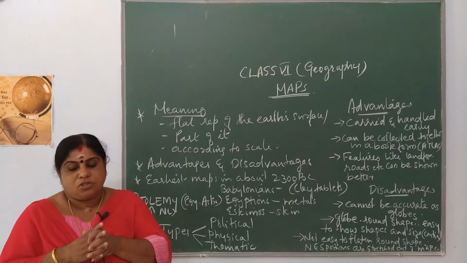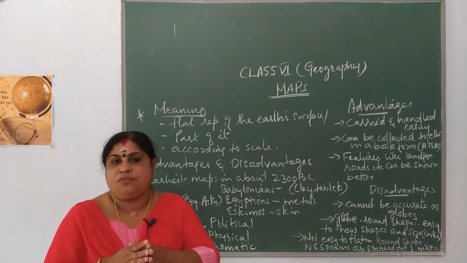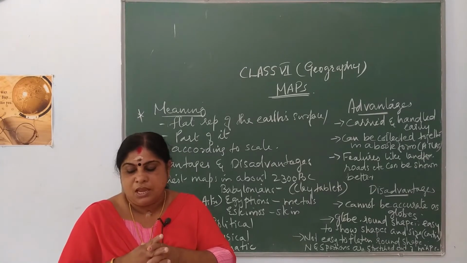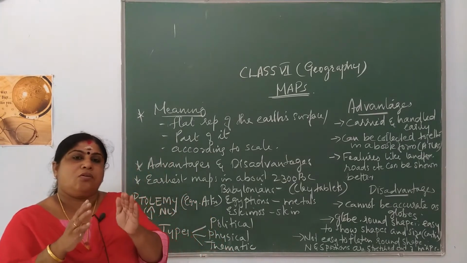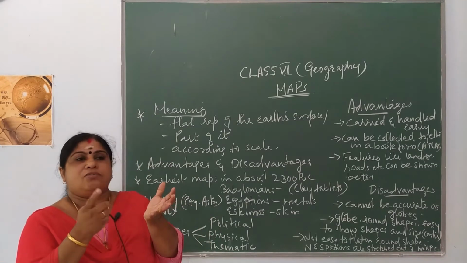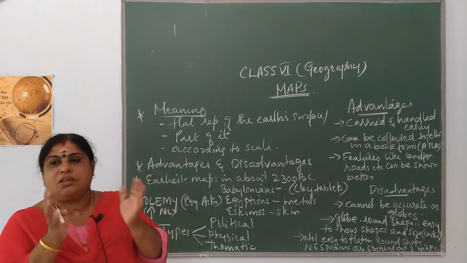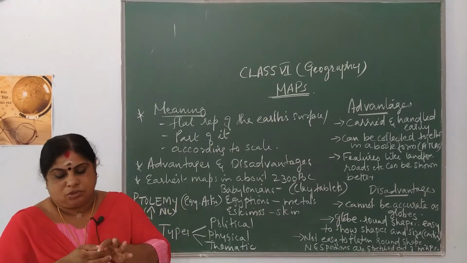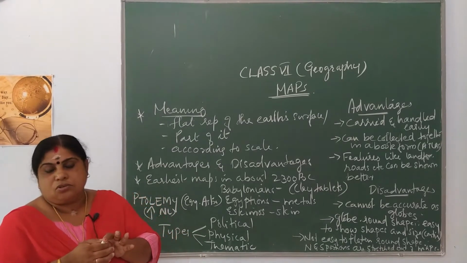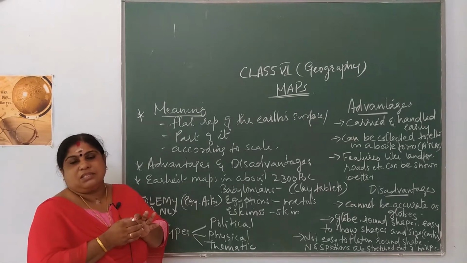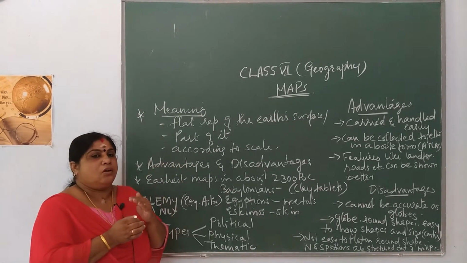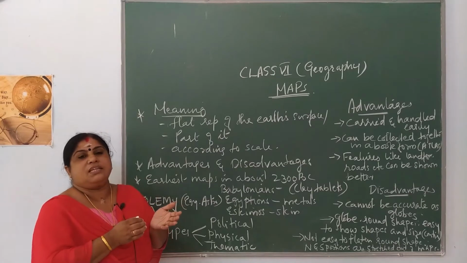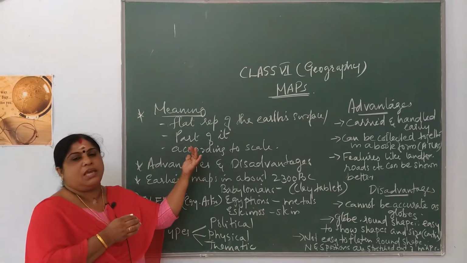So that's one of the most important difficulties that you face when using a globe. It cannot show the whole earth. Being spherical in shape, you have to turn it and see it. You cannot represent all the areas or the whole earth together. So it cannot show countries, cities, etc. on a globe. All these difficulties can be overcome by using a map.